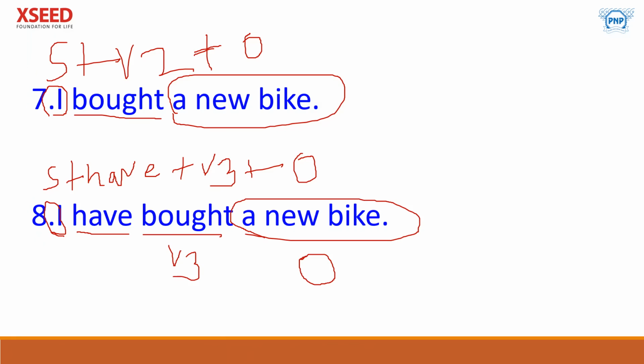So look at the sentences now. I bought a new bike is written in the simple past and emphasizes the action of buying the bike. I have bought a new bike is written in present perfect and emphasizes the result of the action, that is, the fact that I have a bike now in the present.